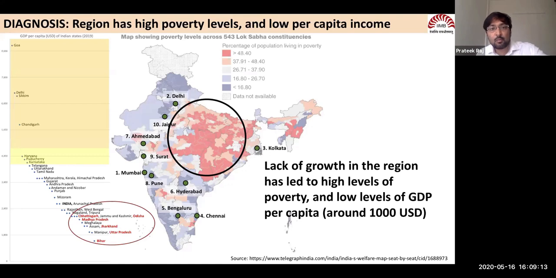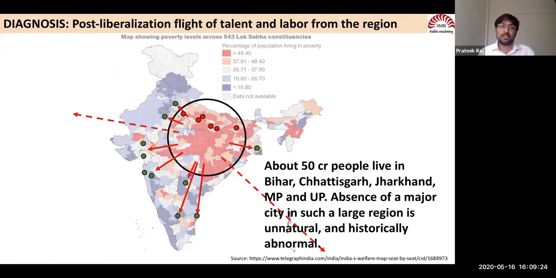Hence, we wanted to focus on this particular region, because it has a similar kind of economic status at this moment. Now, what is particularly important to note is that about 50 crore people live in this region where there are no cities. That is a very large number.